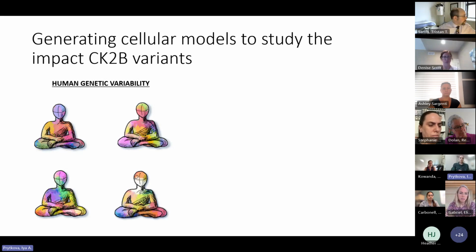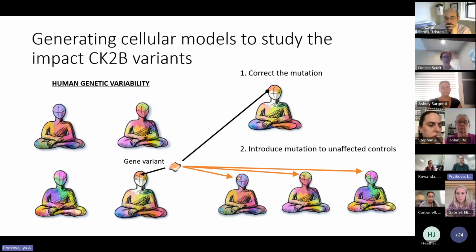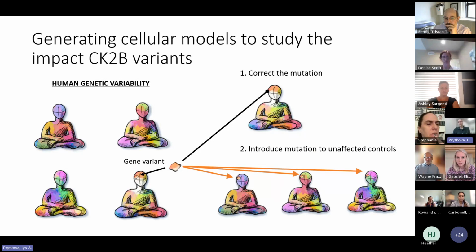So there are 2 main ways that we can work with that in the lab. Having identified the gene variants, we can first correct the mutation, creating one type of isogenic pair, or we can introduce that same mutation to the other control lines. And that way we can dissect the impact of the variant away from individual backgrounds.